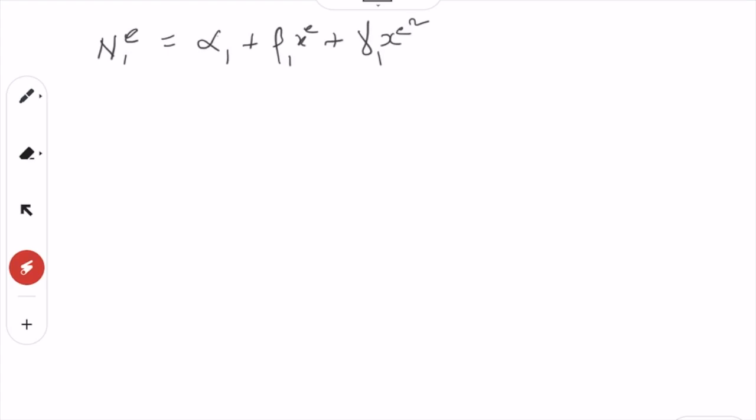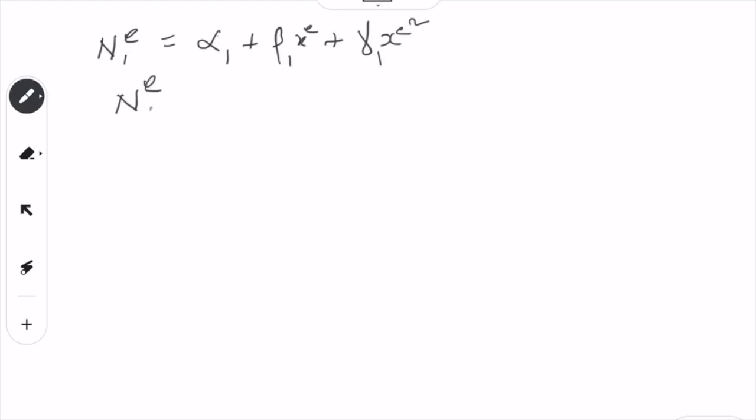So, we can have like this, and we have to find out the values of alpha 1, beta 1 and gamma 1. In fact, we have 3 shape functions now.